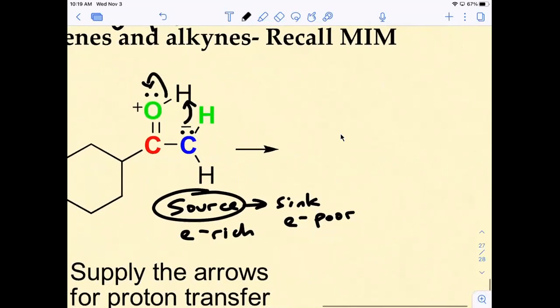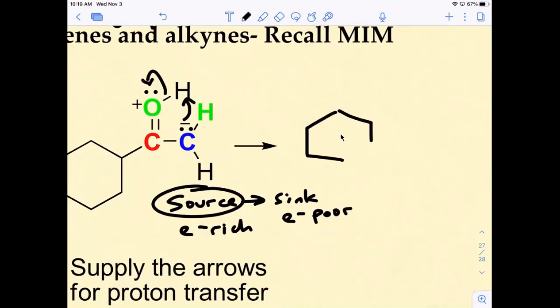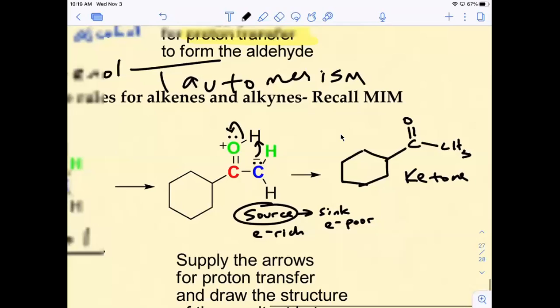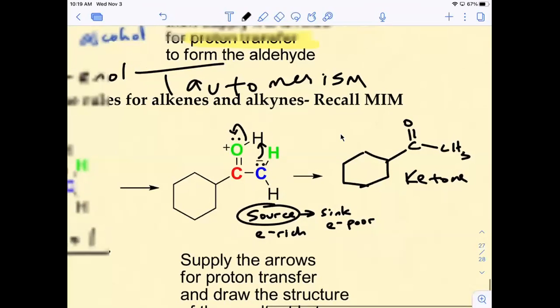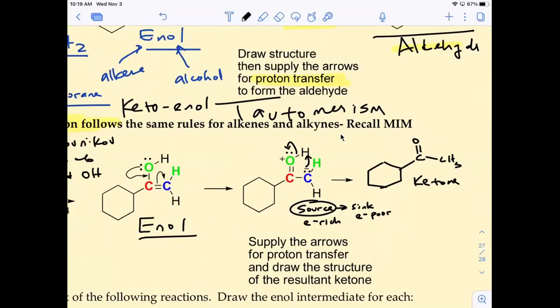Right, so my product in this case is here. And this is a ketone. The whole process, actually, if I only put this intermediate in with the electrons on carbon to show you what happens, because this actually is concerted, right?